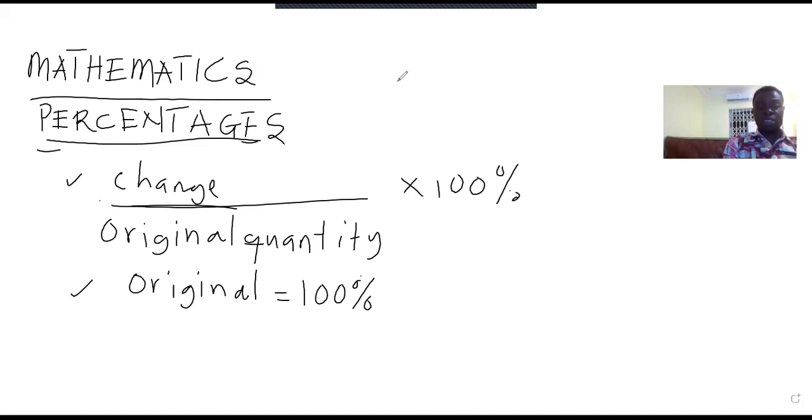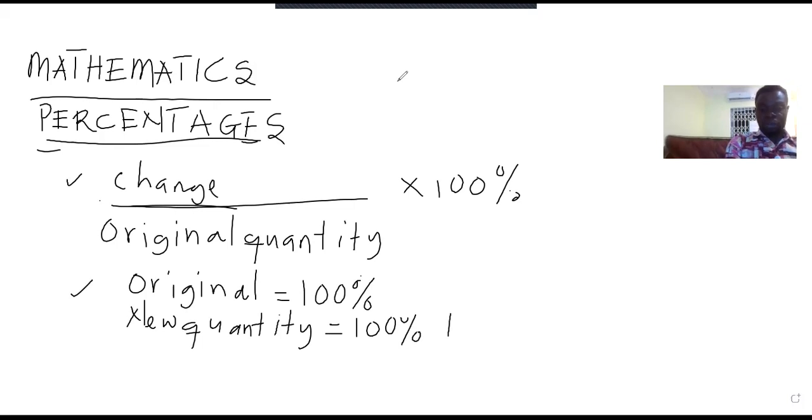And then the new price or the new quantity should be equal to 100% plus the percentage increase. Then we use proportion.